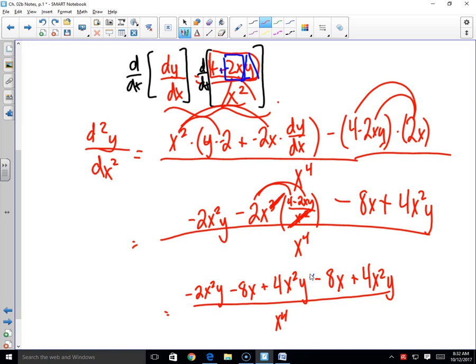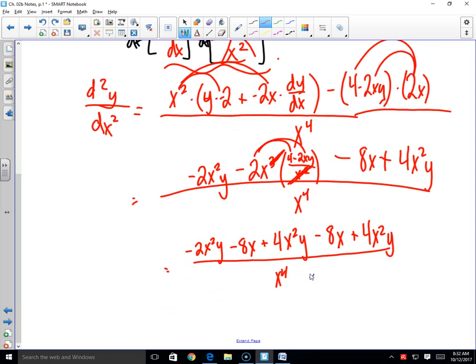And some of you guys are seeing there are quite a few like terms, true? Because all of the x squared y terms are matching. We have a 4 plus 4 is 8, and 8 minus 2 is 6.